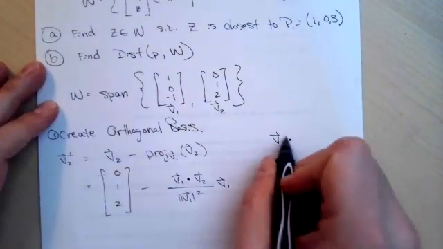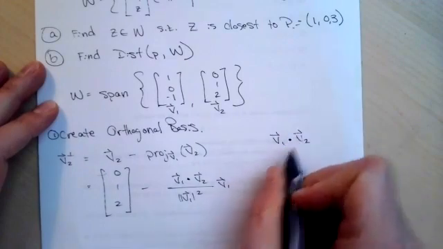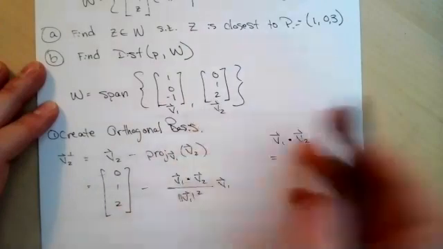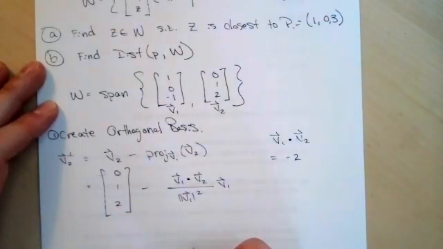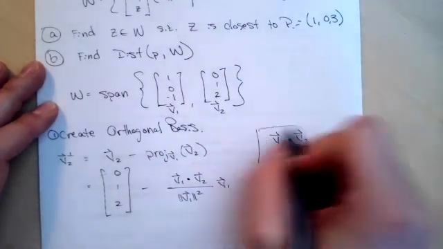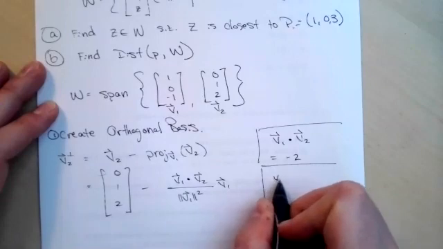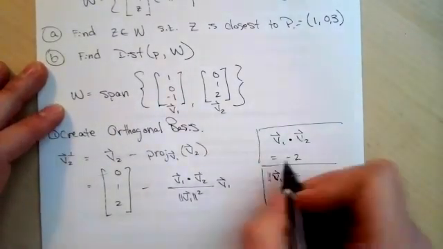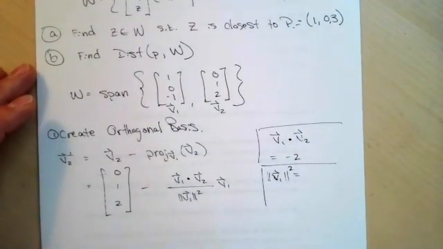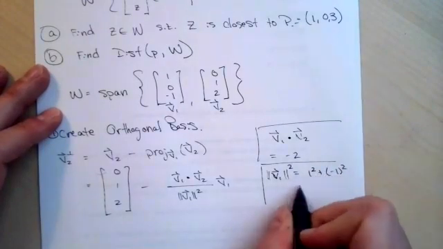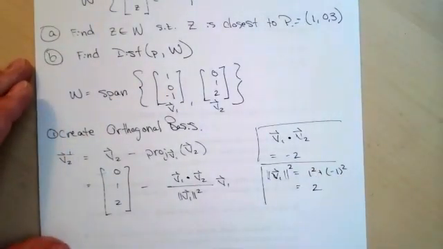V1 dot V2: we take a dot product, 0, 0, minus 2, so the dot product is negative 2. And the norm of V1, actually let's just compute the square of the norm of V1, which is easier: 1 squared plus negative 1 squared gives us 2. That's basically all we need.